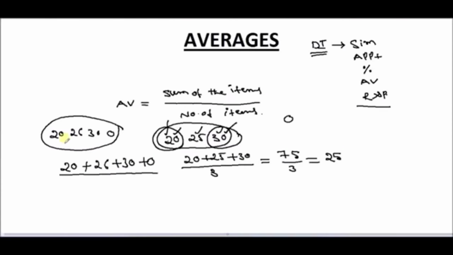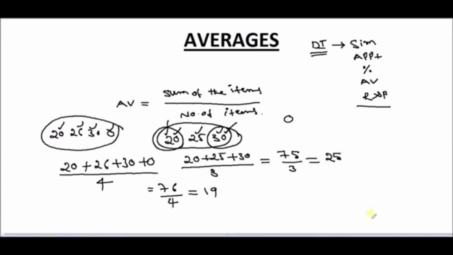It is very important to count 0 as one of the entities: 1, 2, 3, 4. So it is 46 plus 30, 76 by 4, which is equal to 19.